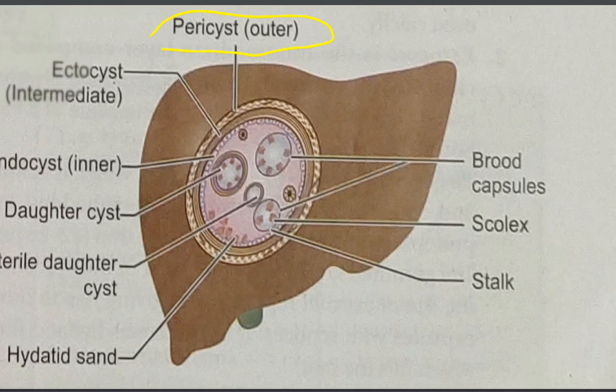Friends, it is the inner germinal layer and it is also the cellular layer. So the intermediate layer, ectocyst, is an acellular layer, just a deposition of hyaline material, but the endocyst is the cellular and germinal layer.